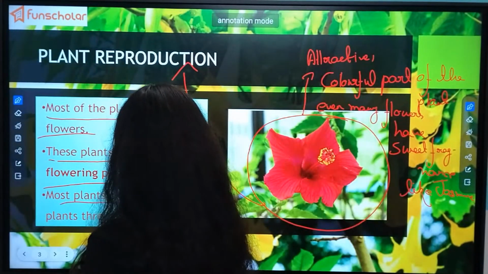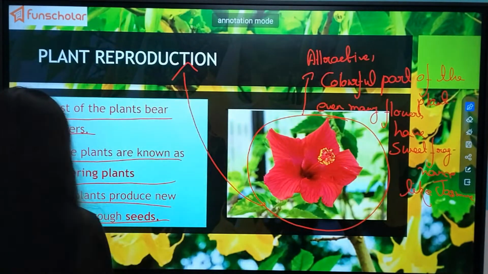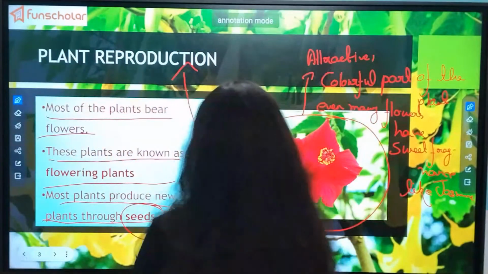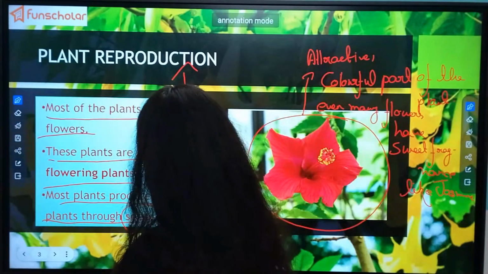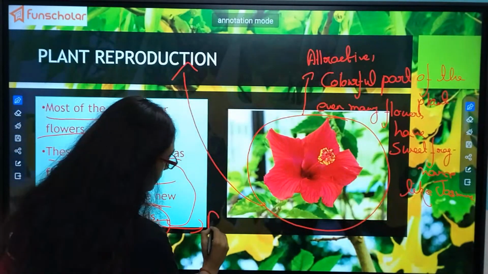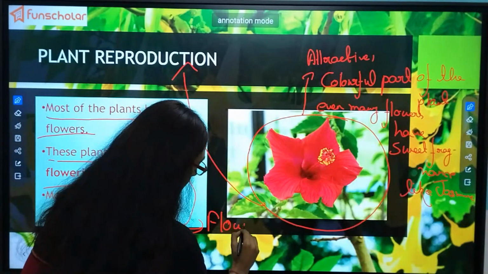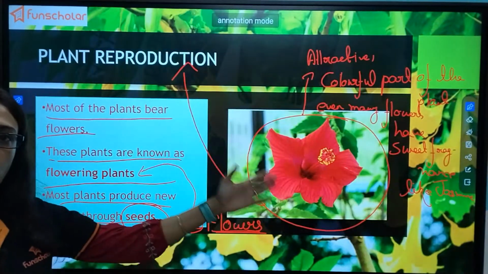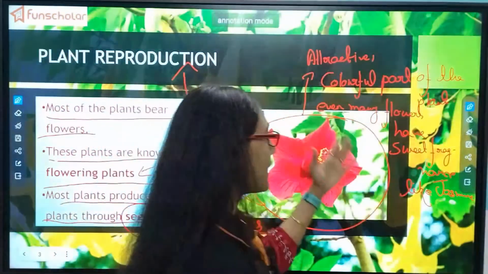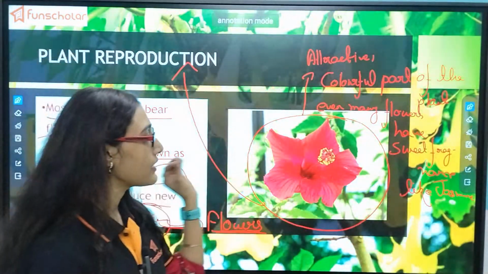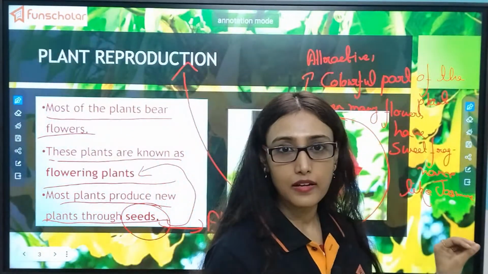Most plants produce new plants through seeds. And how are these seeds formed? The seeds are formed from flowering plants, or from flowers. So why are flowers produced by the plants, and why are they the most beautiful and attractive part of a plant?